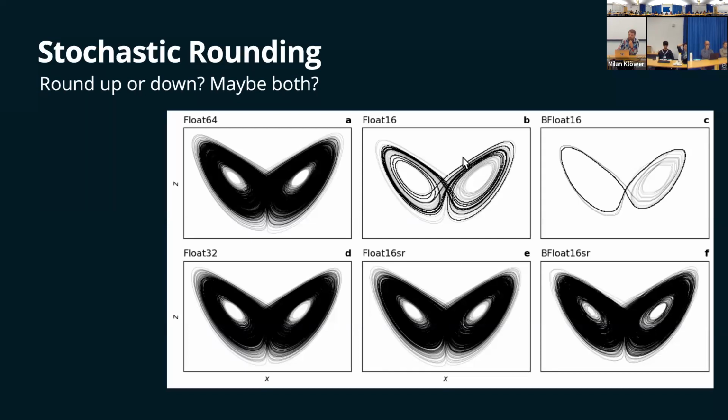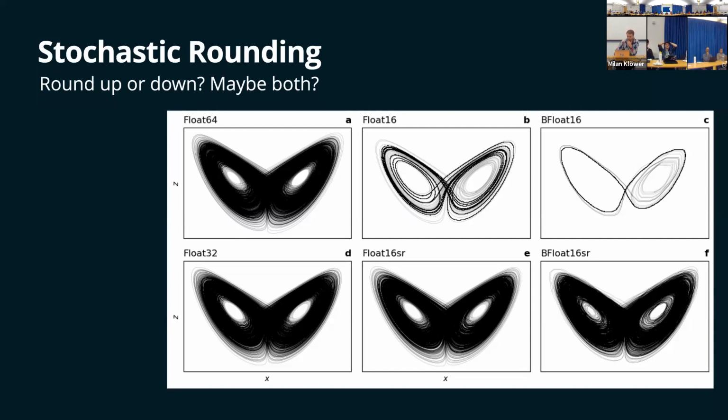Here I'm switching on stochastic rounding, in the same format, going from whatever was truncated to one down. You can see suddenly, because every time you have a trajectory the stochastic rounding gives it a little kick, you're actually able to explore the entire attractor. The trajectories may get a little bit wobbly because of the stochasticity you inject into the system, but on average it gives you pretty good results.